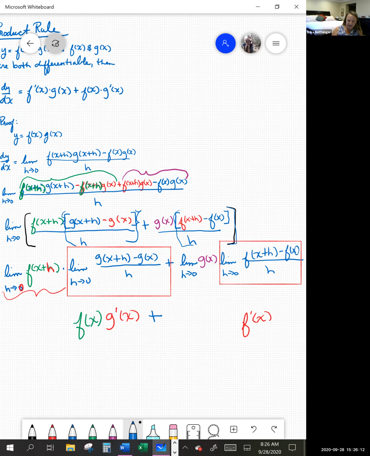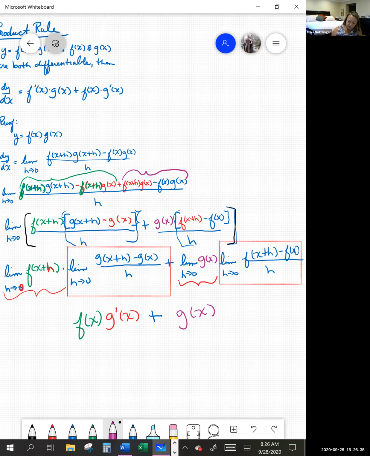Again, we need to look at this limit as h goes to 0 of g of x. Notice there's no h in this function. And so because there's no h in this function, this is just going to give us back g of x.